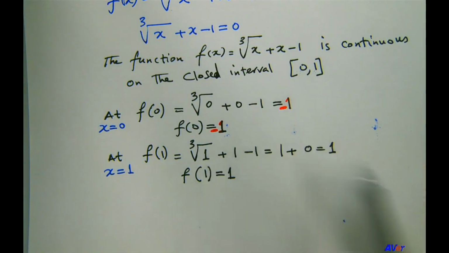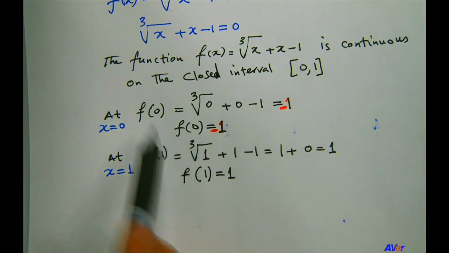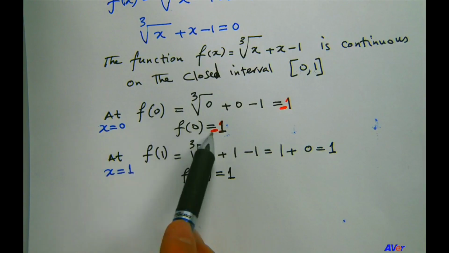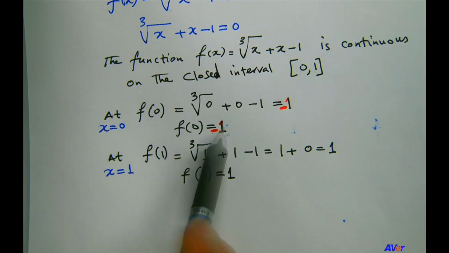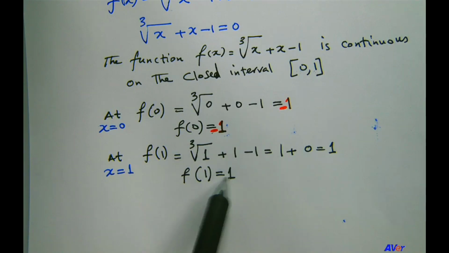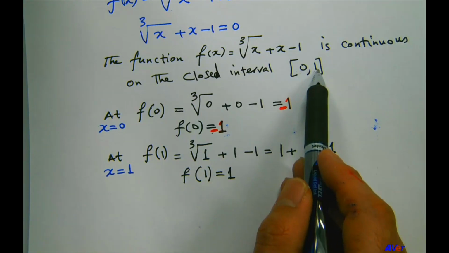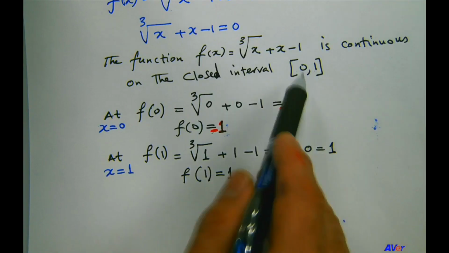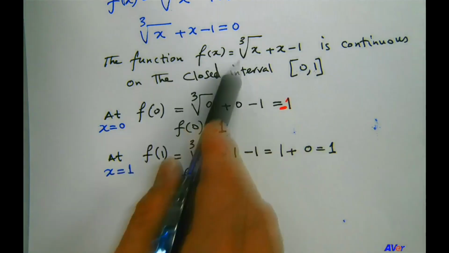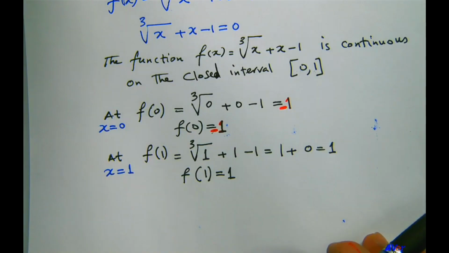That's really what we wanted to see, because the function value at x equals 0 is negative 1. We don't care about the size, we don't care if this is negative 5 or negative 1. All we care about is that it's a negative value, and on this side it's a positive value. So we must have a value in that interval [0, 1], where at that x value the function has a root. Okay?